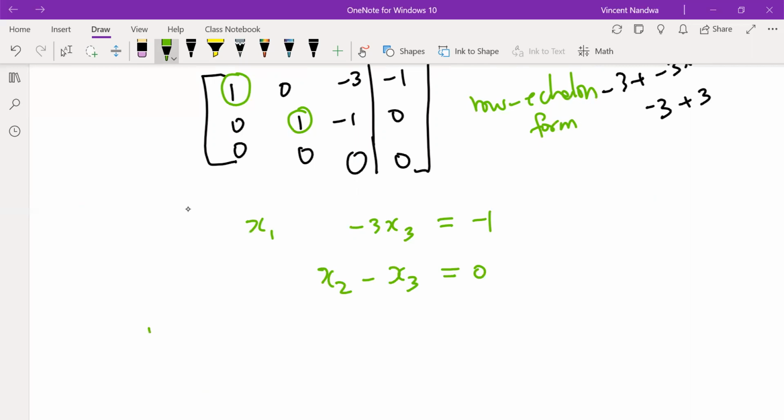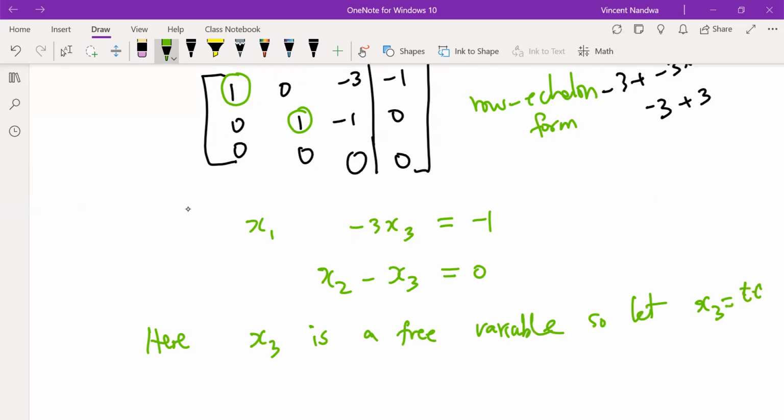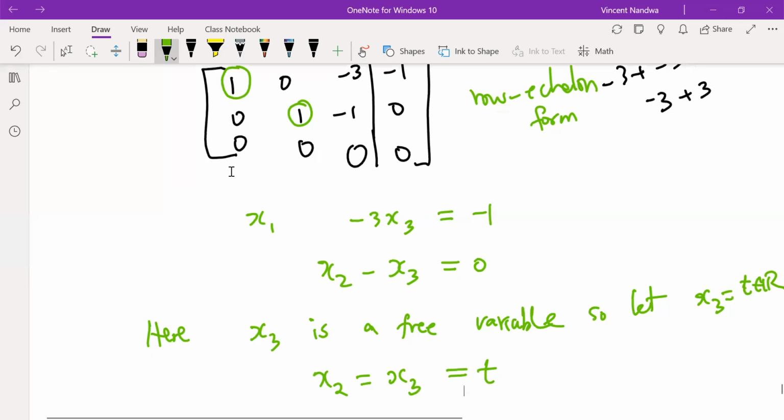So here, x3 is a free variable. Let x3 be, say, t, where t is any real number. From equation 2, x2 is x3, which will be t. So the value of x2 is the same as x3, which is t.